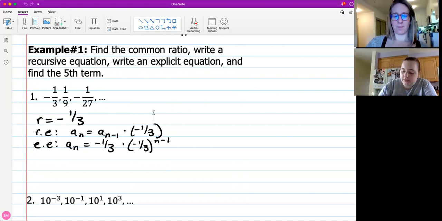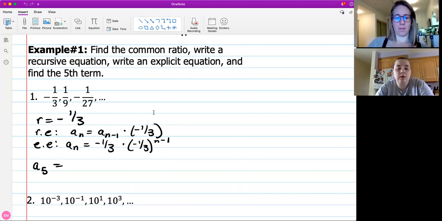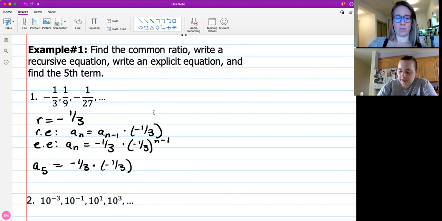Okay, so to find the fifth term, I'm going to use the explicit equation because we don't know what the fourth term is, although we could figure it out. I'm just going to use the explicit equation because we have it set up already. So we're going to take negative 1/3 times negative 1/3, and put 5 in for n because that's the term that we want.